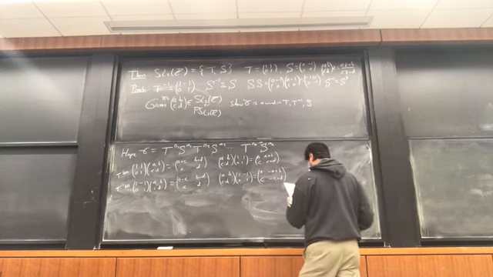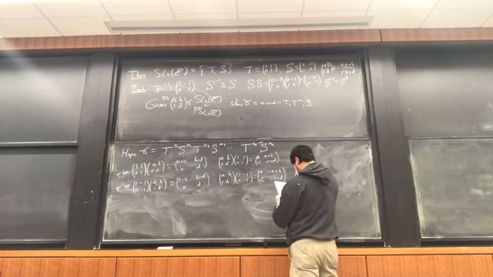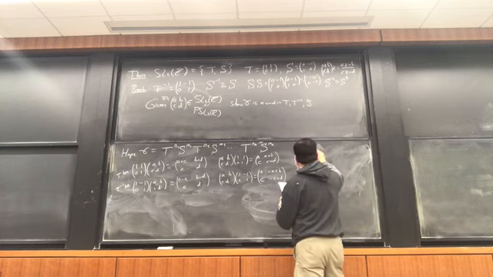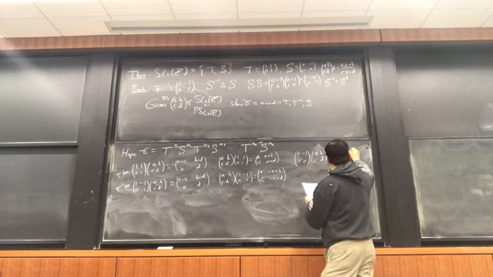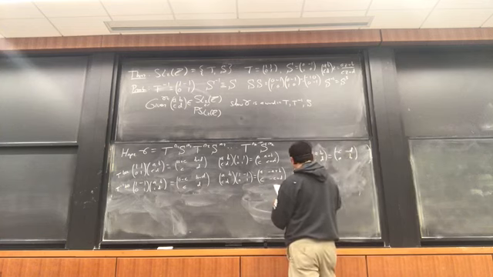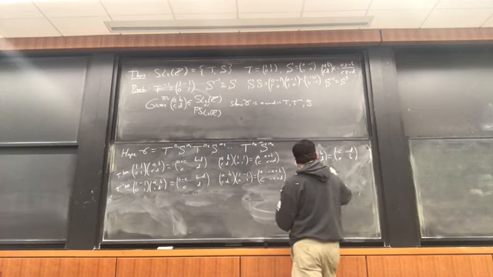And then two more. (0, negative 1; 1, 0). So that's S on the left. A, B, C, D is going to be negative C, negative D, A, B. And then A, B, C, D with (0, negative 1; 1, 0) on the right.